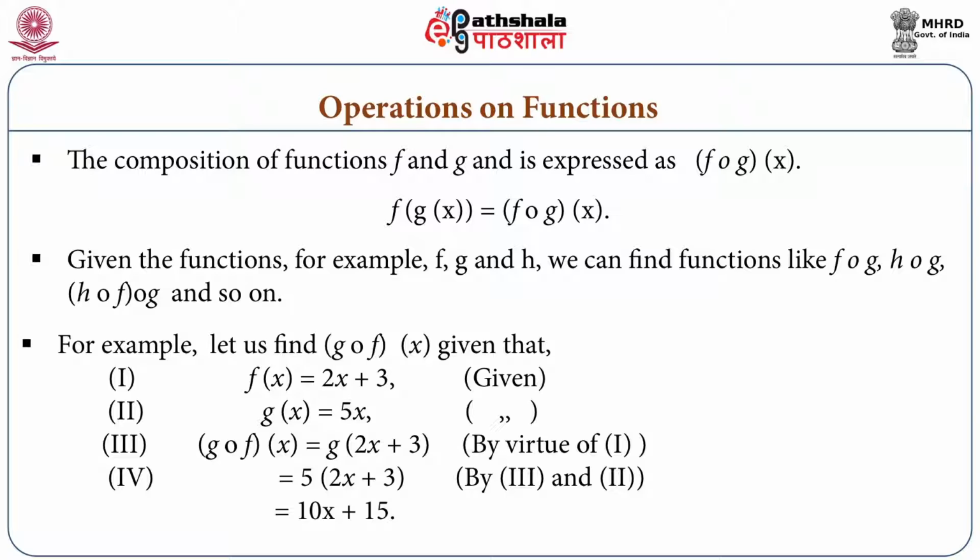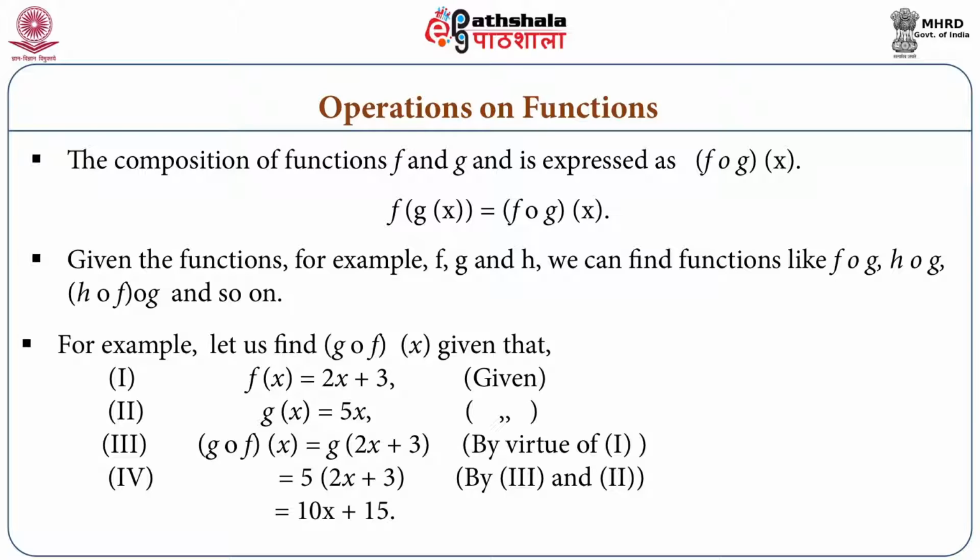How did we get this one? It's because of the definition of composite function. Once we have this equation, you look, by virtue of, I said, keep looking at the steps. So in step number 3, with the help of step number 1, we have derived this equation. Next, the left hand side remains the same.